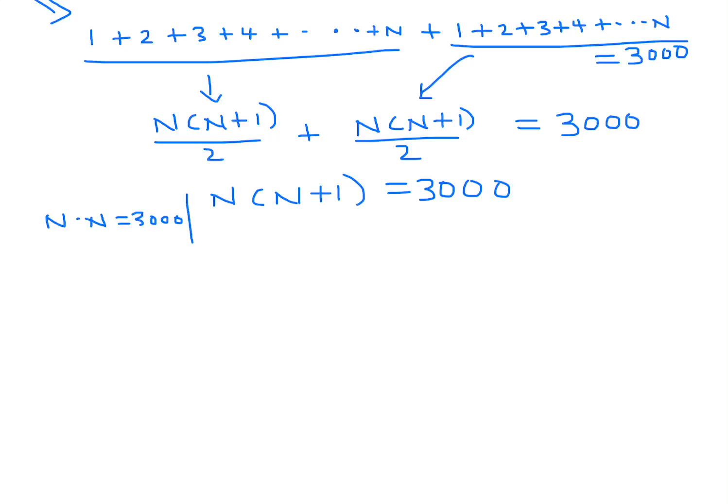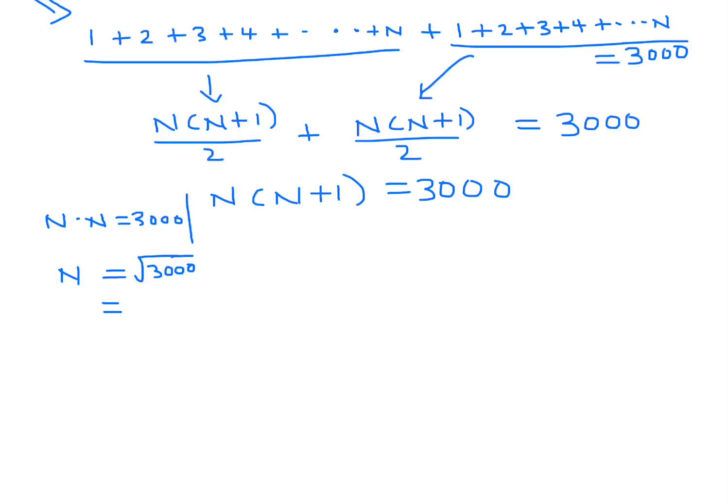So to figure out what n could be, instead of doing this as a polynomial and quadratic formula, which would take forever, I just took the square root of 3,000 to get an approximation.